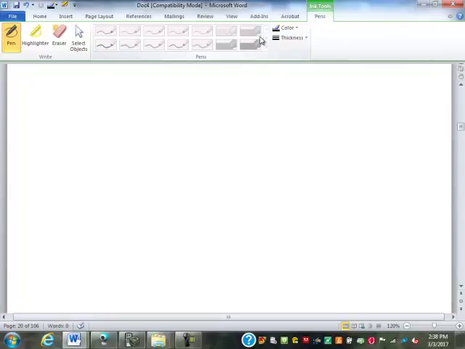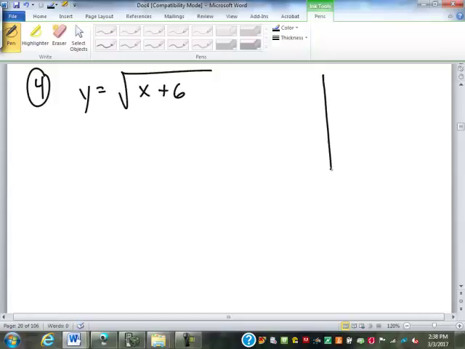Number 4 is a little bit of a different example. For number 4, it helps if we look at it and try to figure out what values of x are going to work well within that equation itself.